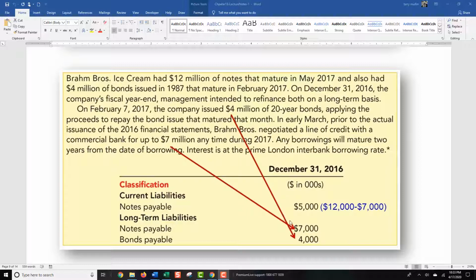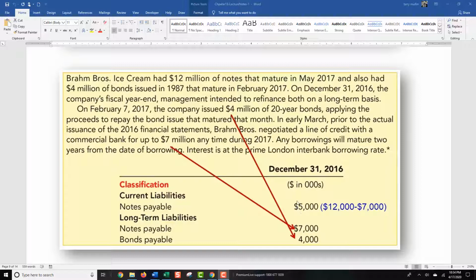So what they're actually going to show now on their classified balance sheet is, instead of putting $12 million in this current liability, these short-term liabilities, they're going to show $5 million because they renegotiated that line of credit. So now that $7 million will replace, right, the $12 million minus the 7.